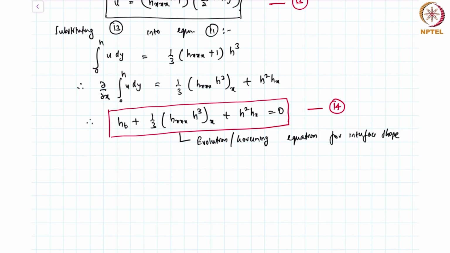Okay, it's a fourth order nonlinear PDE.